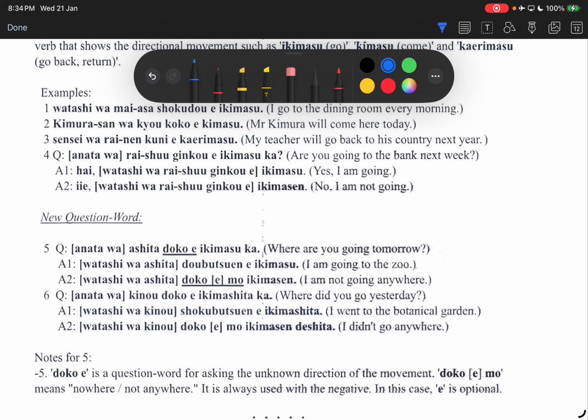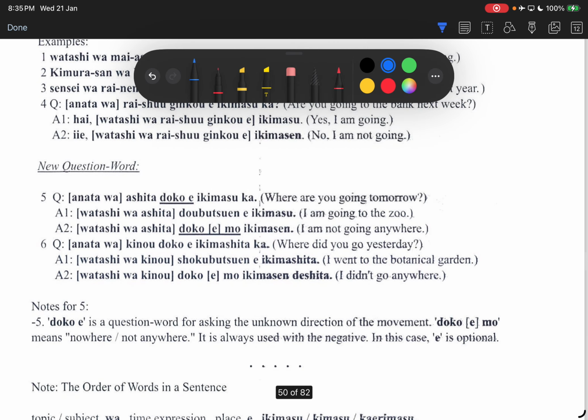Of course not going to the zoo is 動物園へ行きません. Over here is just teaching you how to reply in general, to tell people, oh, I'm not going anywhere. So どこへも行きません. The へ is optional. どこも行きません, it's fine.